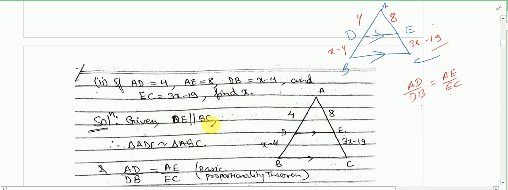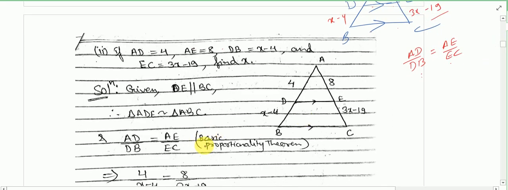Given DE is parallel to BC, that means this small triangle ADE is similar to the bigger triangle ABC. Okay, and then AD upon DB is equal to AE upon EC, basic proportionality theorem.